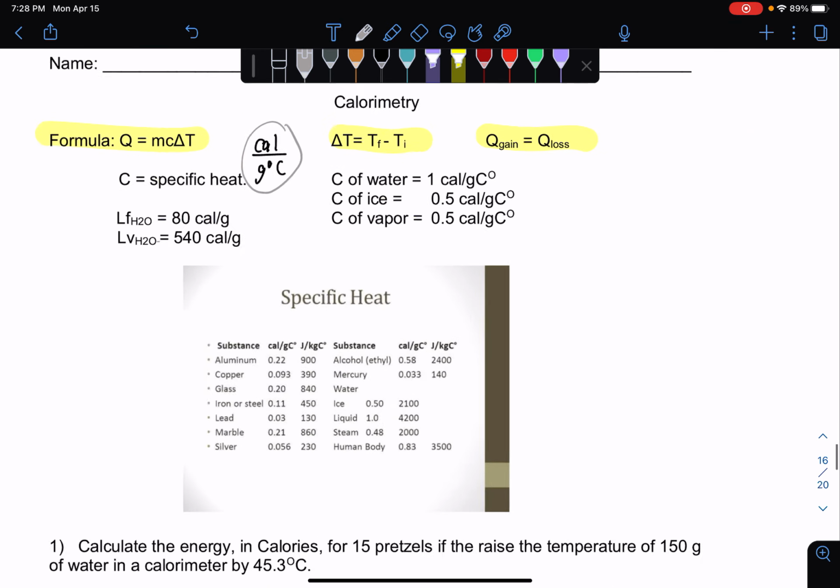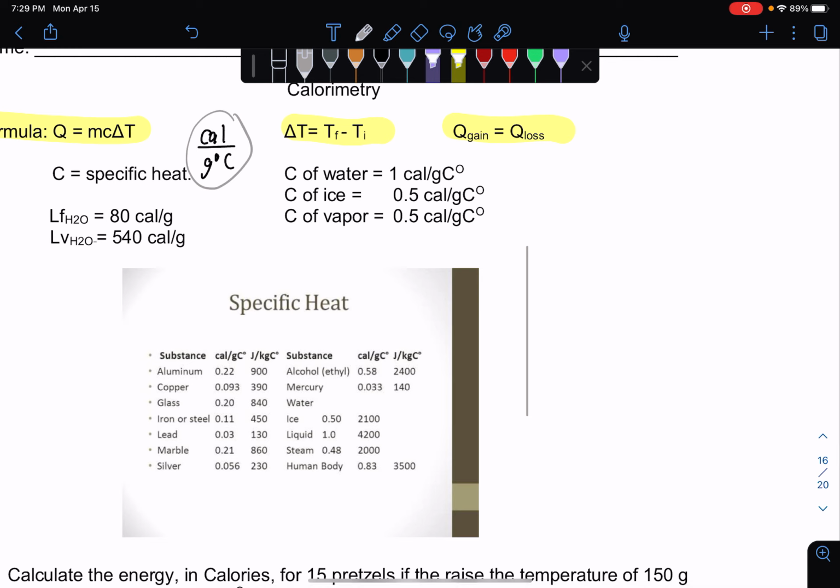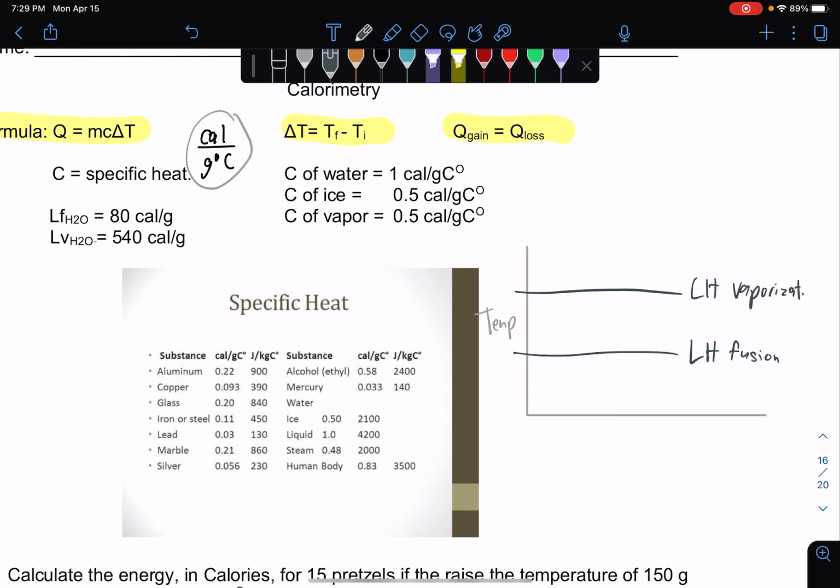What do I mean by that? I'm not sure what this is formally called, but say this is temperature. So we have something like this. This bar, we're trying to pertain to water. This is the latent heat of fusion, and this is the latent heat of vaporization.